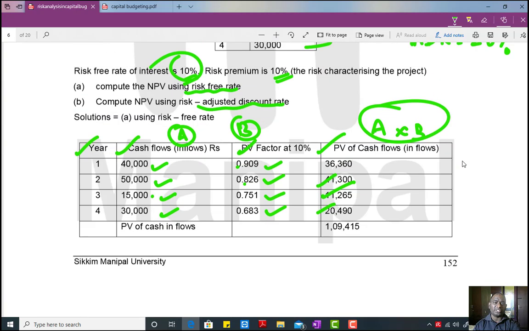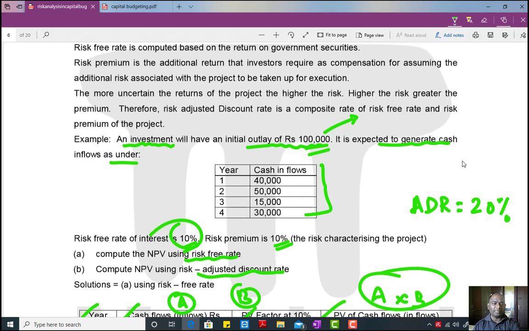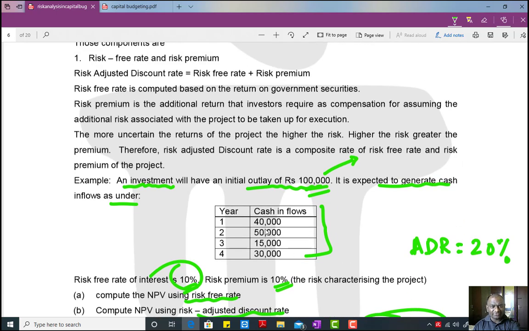But look, for this particular project, we cannot discount at 10%. I cannot say with certainty that in year one I will get 40,000, because I do not know what will happen tomorrow. Suddenly coronavirus has come, which I did not know would happen. Suddenly there is an RBI monetary policy change.